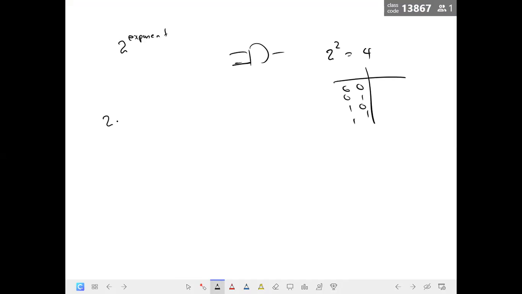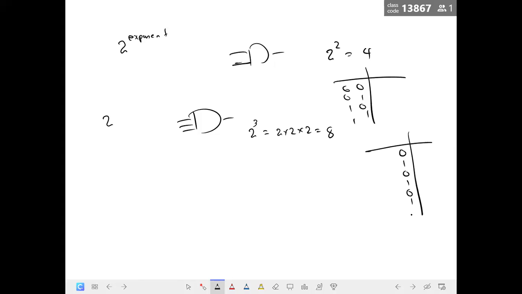If you use a 3 input AND gate, right? So the exponent is 3 now. 2 to power 3 equals 2 times 2 times 2. 8 different combinations will be there. Then how can you write them? First row 0, 1, 0, 1, 0, 1, 0, 1, then 0, 0, 1, 1, 0, 0, 1, 1. Third row, you are going to change after 4 digits: 0, 0, 0, 0, 1, 1, 1, 1.